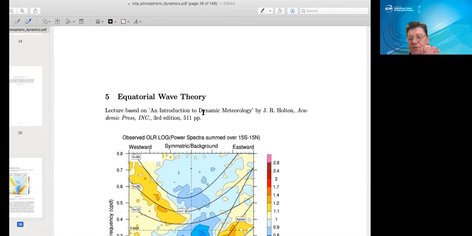Similar type of waves, Rossby waves, but then in tropical regions, we will see that also gravity waves are very important for our treatment. Tropical regions are in some ways easier to consider, but in some ways also much more complicated to consider.